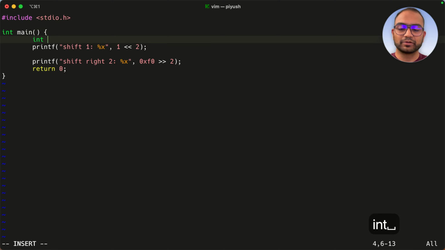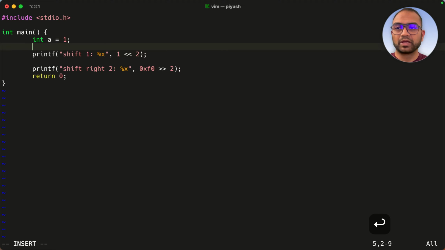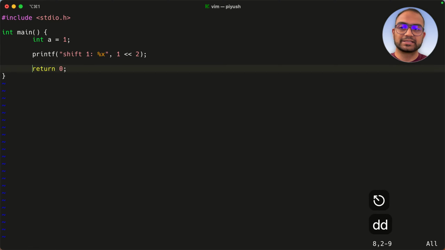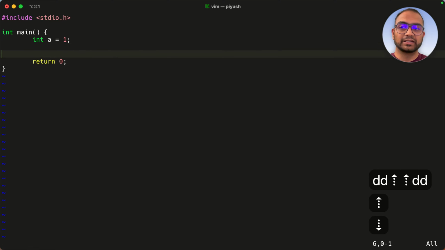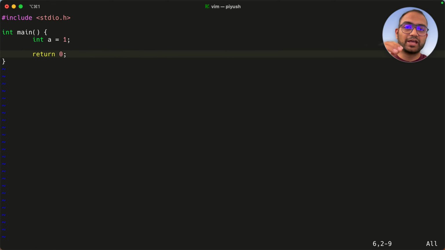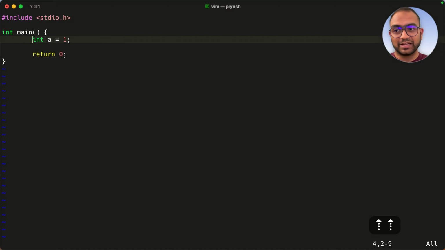So let me take a number, A, and A is simply 1. Note that A is signed and A is 4 bytes. As per part 1 of this bit manipulation series, int on my machine is 4 bytes. Int on any 32-bit machine can be safely assumed to be 4 bytes.